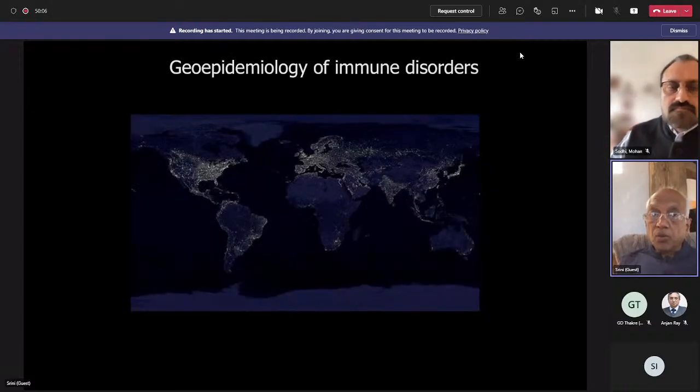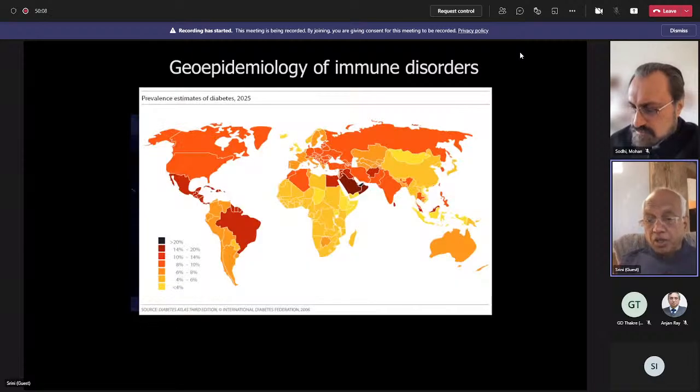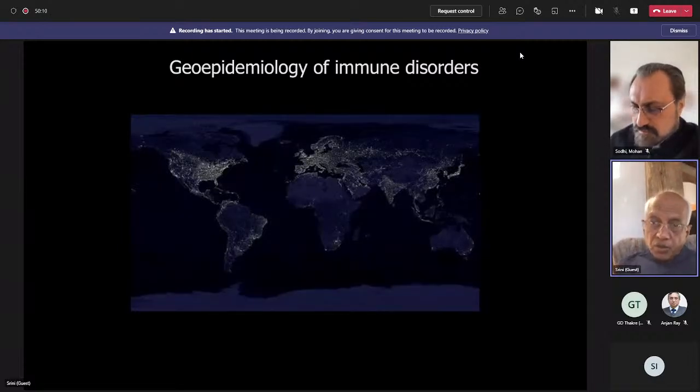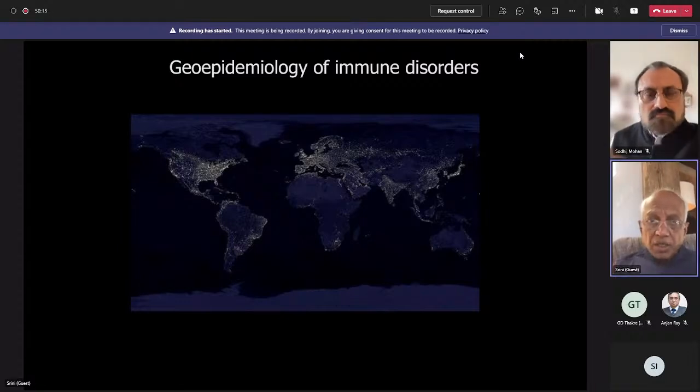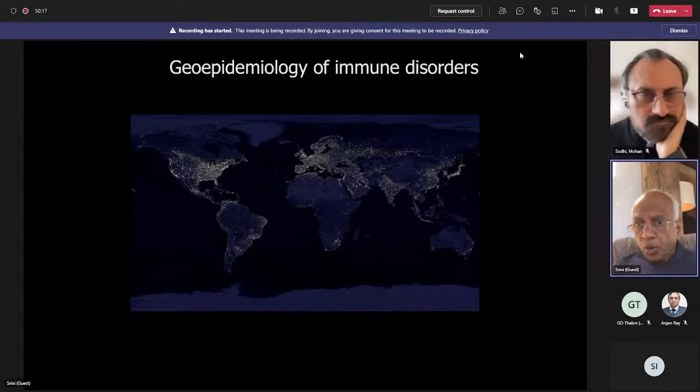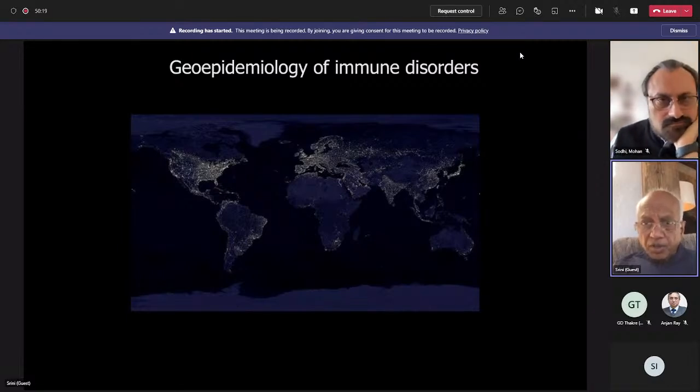If you look at the world, geoepidemiology, in fact, this is a picture I like to show. Imagine the world at night. America, Europe, Japan, some parts of India or China are lit up, meaning they have money and can keep the lights on all night. Other, less economically favored parts have no lights.